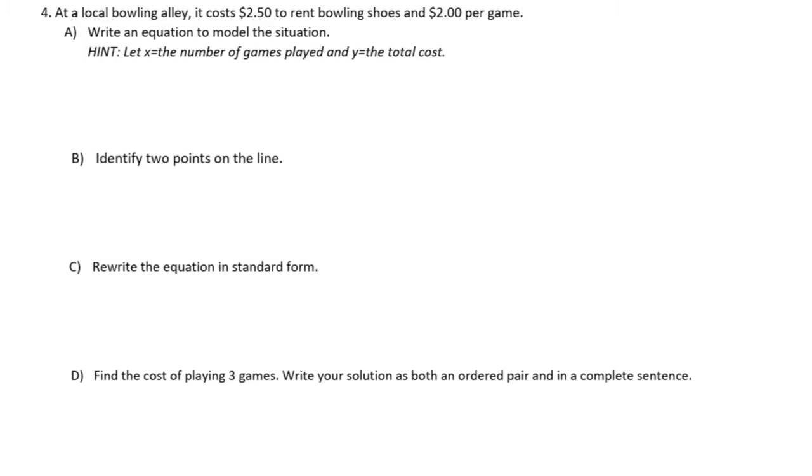In the last example, we're going to write an equation to model a scenario. So for example, it says at a local bowling alley, it costs $2.50 to rent bowling shoes plus $2 per game. Write an equation to model the scenario. The important parts of this problem are that it's $2.50 to rent the bowling shoes plus $2 per game. It says let the total number of games equal x and the total cost equal y.